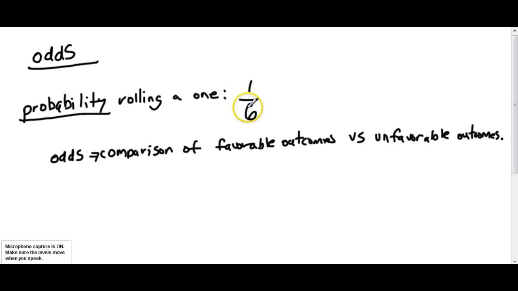So let's take the standard 6-sided dice here. We know the probability of rolling a 1 is 1 out of 6, but what are the odds of rolling a 1?